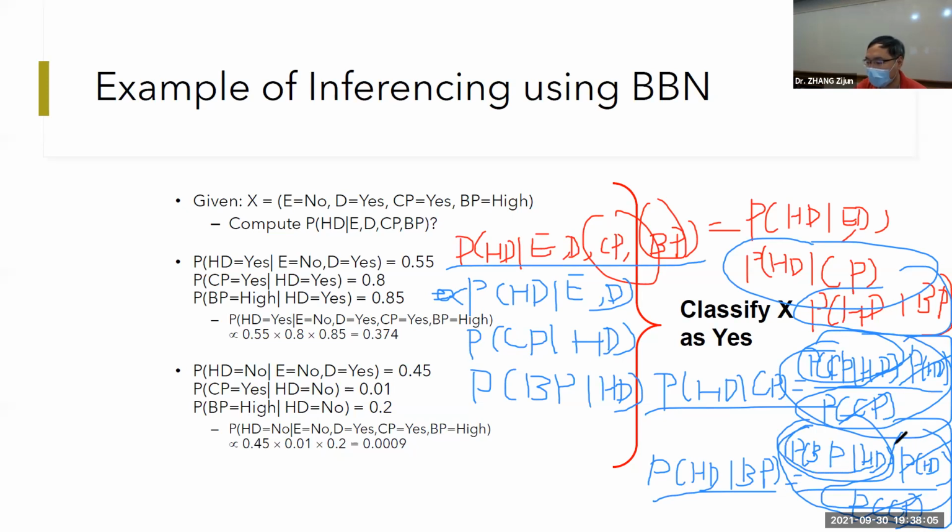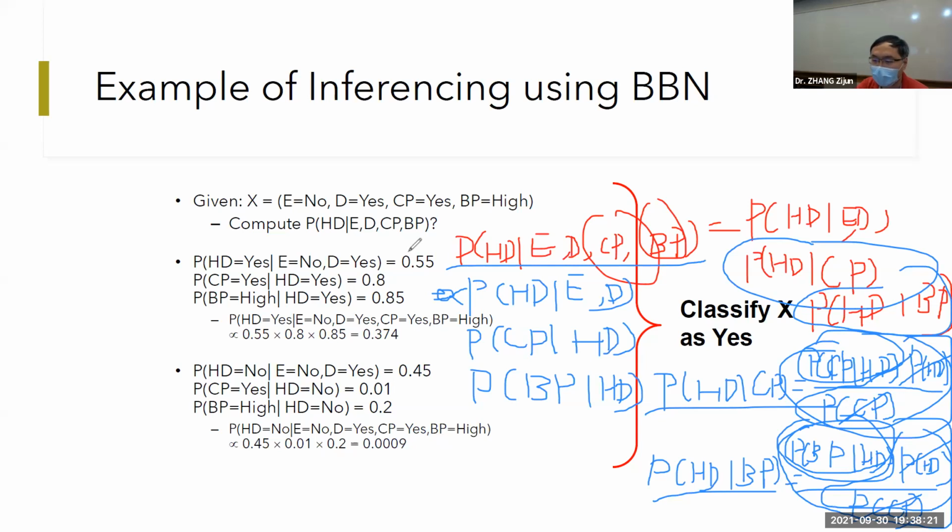So the only difference that matters is the BP conditioned on HD and the CP conditioned on HD. So that we can have these three terms multiplied together.